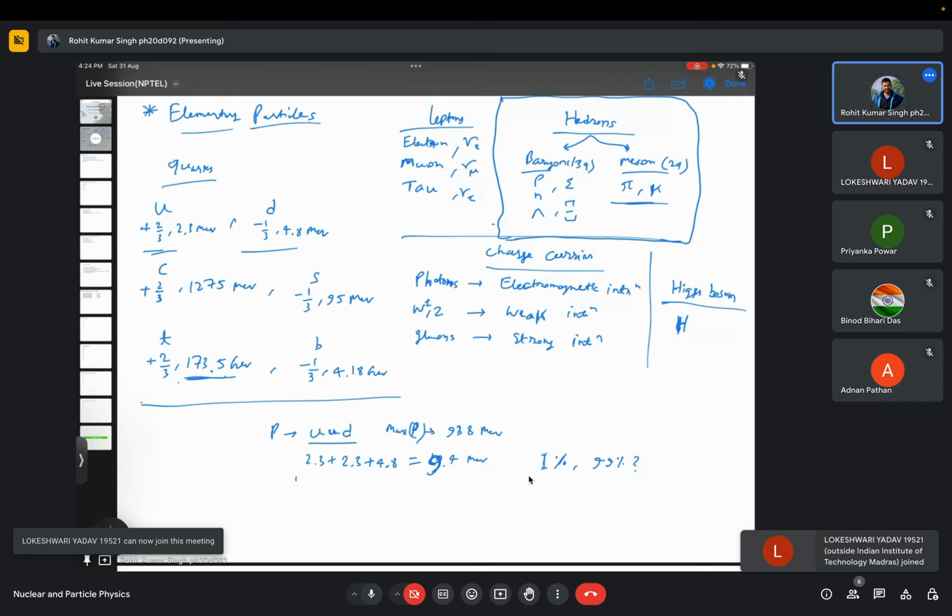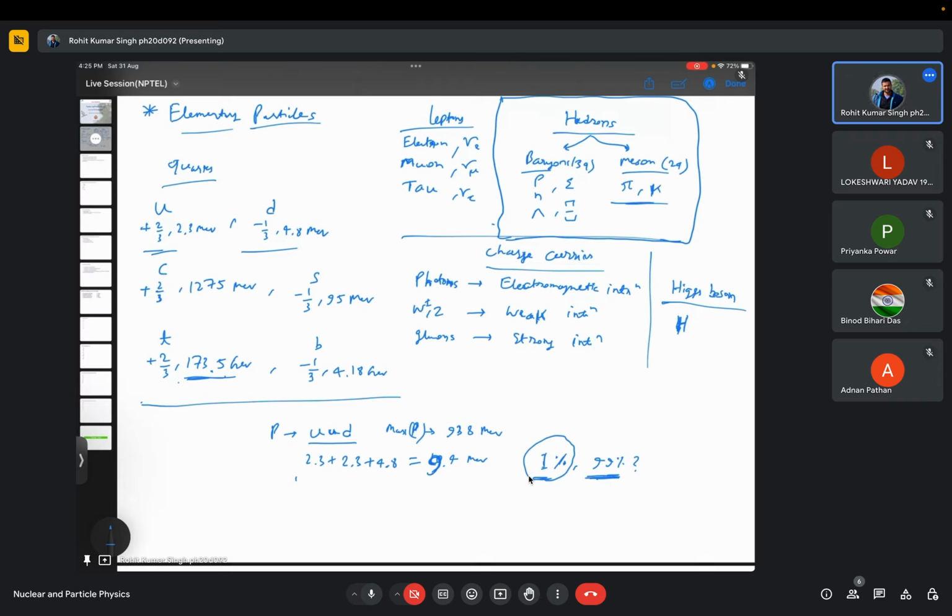So you know that our universe is basically made up of these protons and neutrons, right? So we can say that 99% of the mass of our universe comes from this confinement. Only 1% comes from the Higgs boson. This 1% is the mass of quarks, which is there because of the Higgs boson.